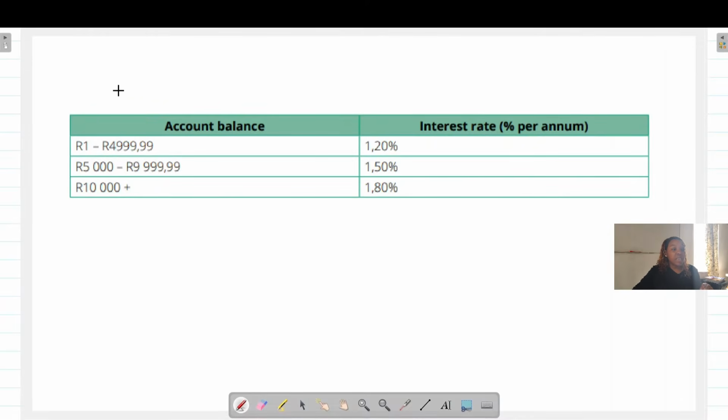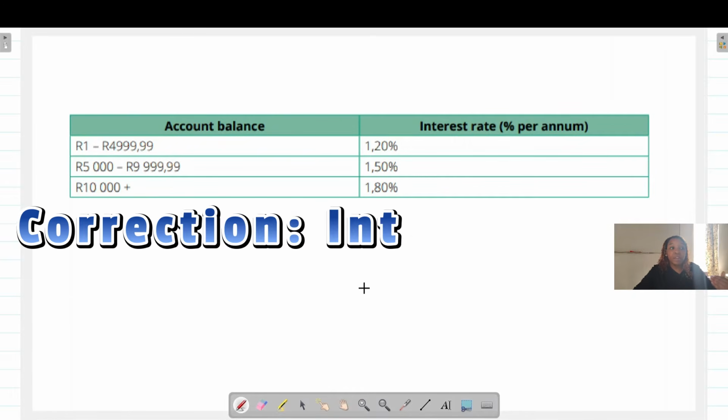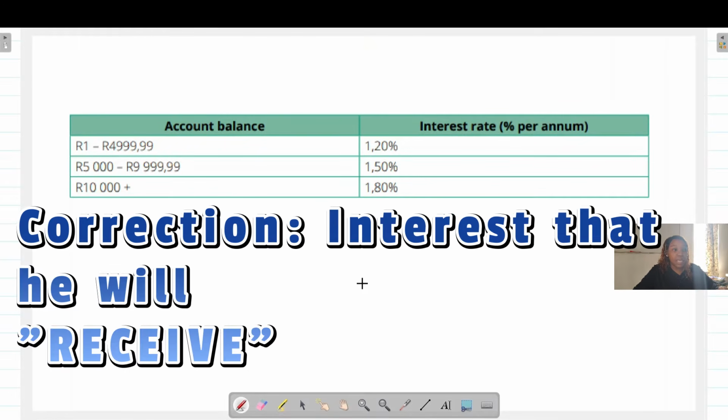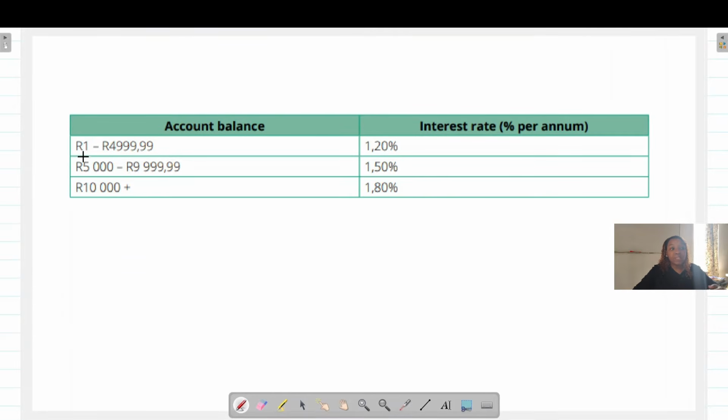But before that, we are given a table here, and this table gives us the interest rates per annum that Solly Sibuko has to pay depending on his account balance, right? We see when he has between R1 to 4,999.99, he pays an interest rate of 1.20%, right?